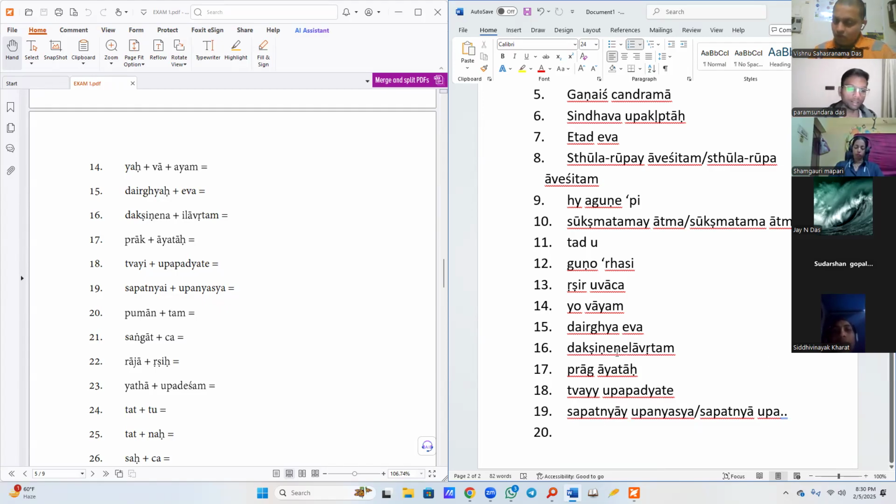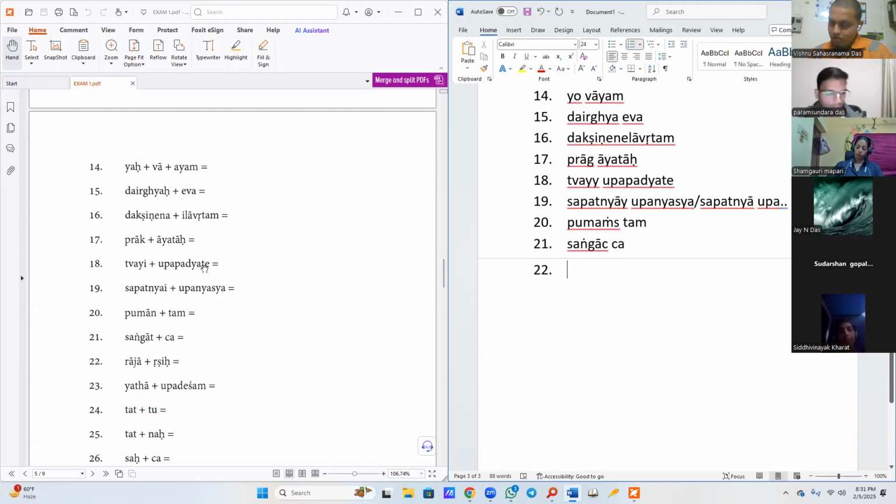Then Pumantam Tathayo. So Pumantam becomes Pumangstam. Sangacha becomes Sangachcha.